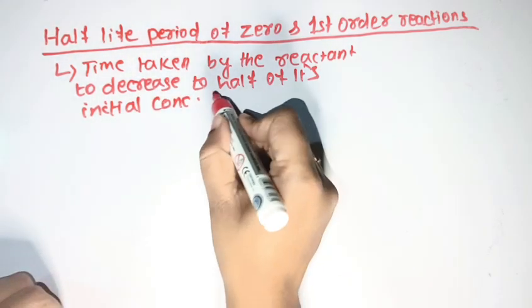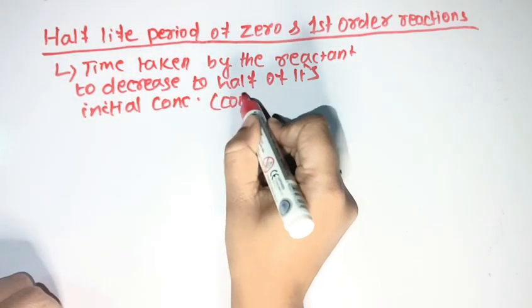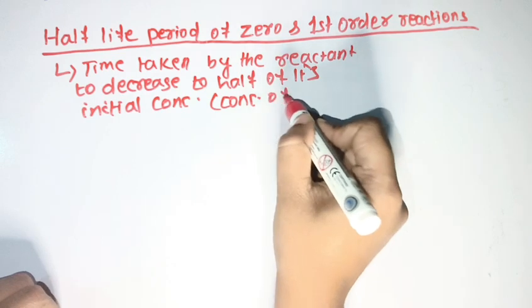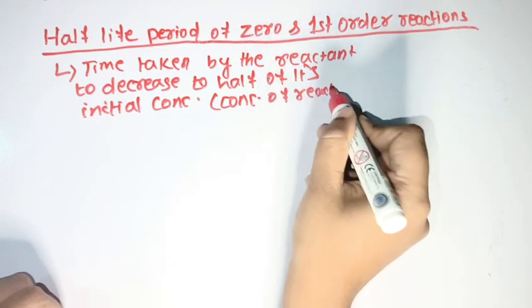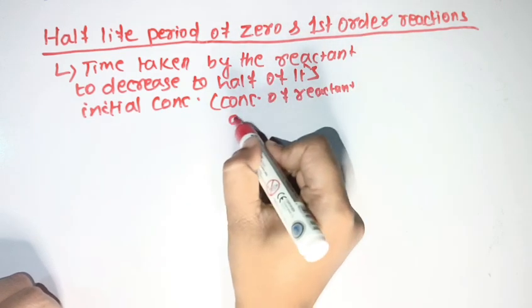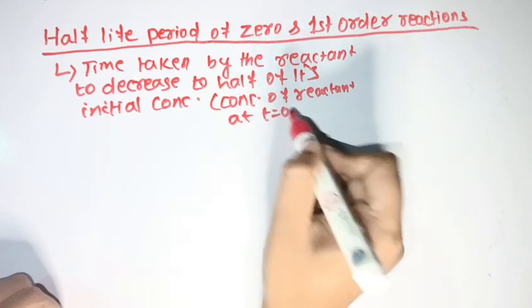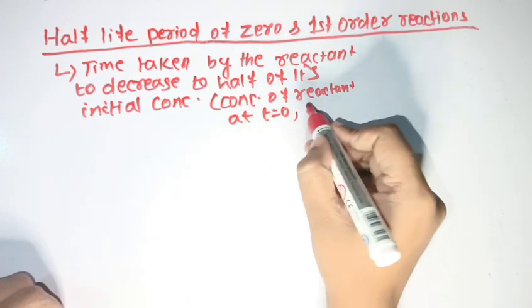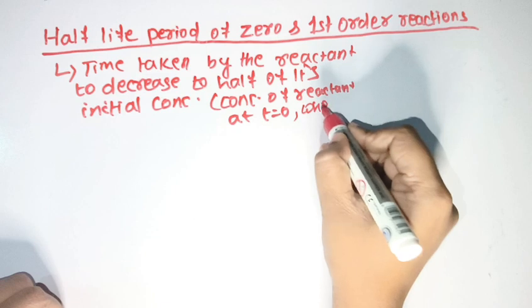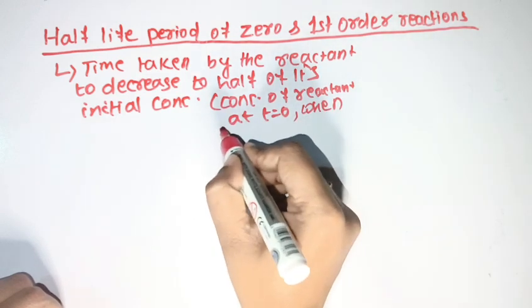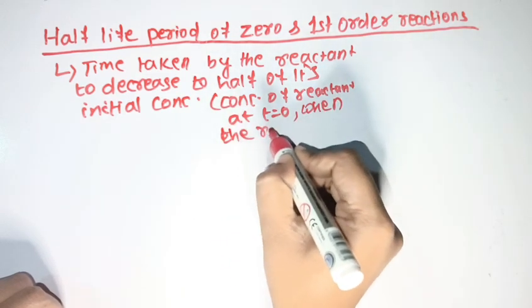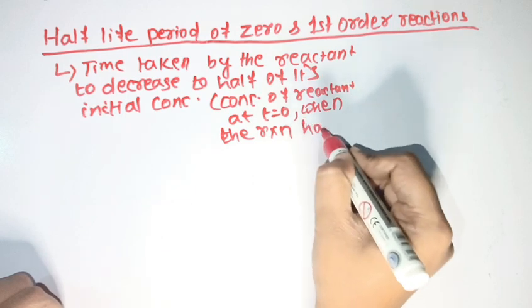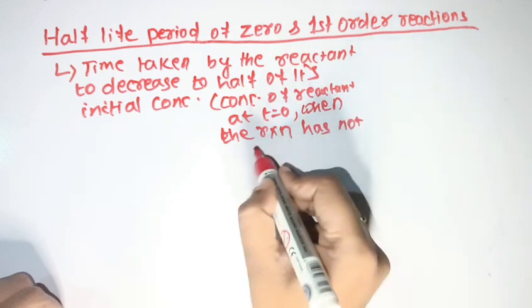Here, initial concentration means concentration of reactant at time t equal to 0, or we can say when the reaction has not started.